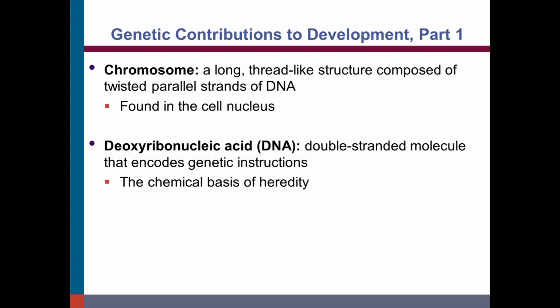Well, that is a double-stranded molecule that encodes our genetic instructions. So basically what that means is, when we inherit things from our parents and previous generations, we inherit those attributes through genetics. And so that is the chemical basis of heredity. I hope that makes sense to you.